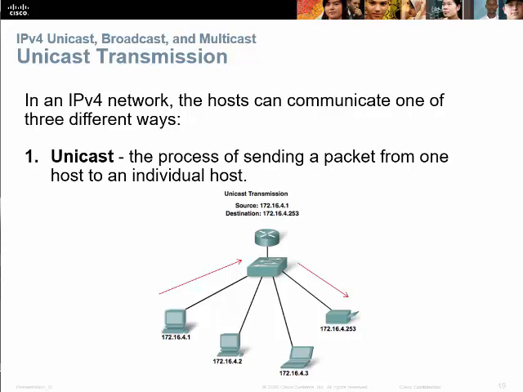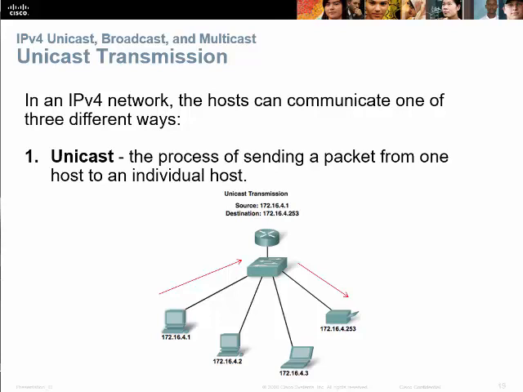Unicast is one-to-one communication. Look, this host wants to communicate with this host. That is one-to-one communication: the process of sending a packet from one host to another individual host. That is unicast. That's why I usually use the words one-to-one.